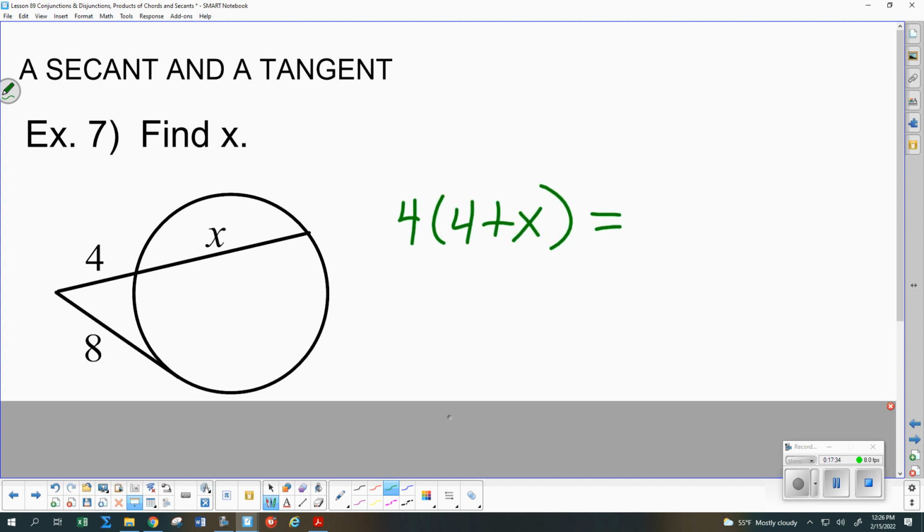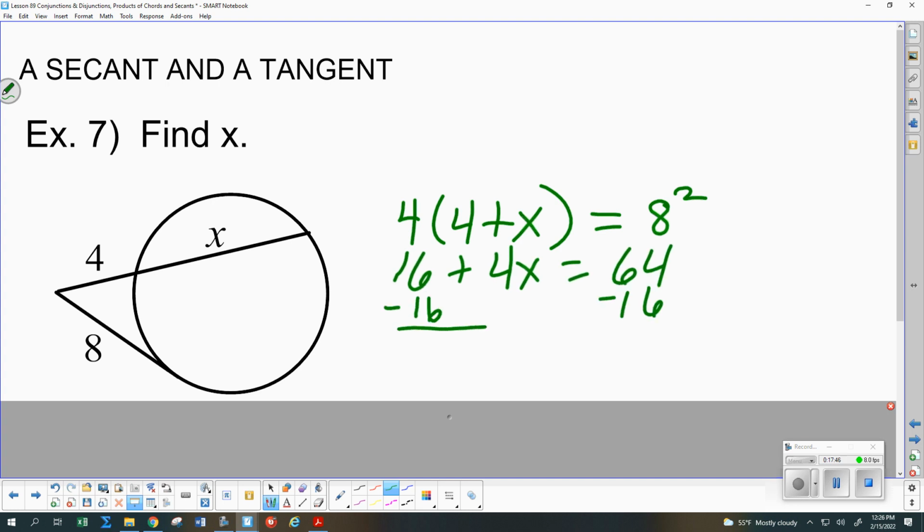Everybody good with 4 times 4 plus x for the top one and 8 times 8 for the bottom one? That means we have 16 plus 4x is 64. What do I get when I subtract 16? And if I divide that by 4, what do I have?